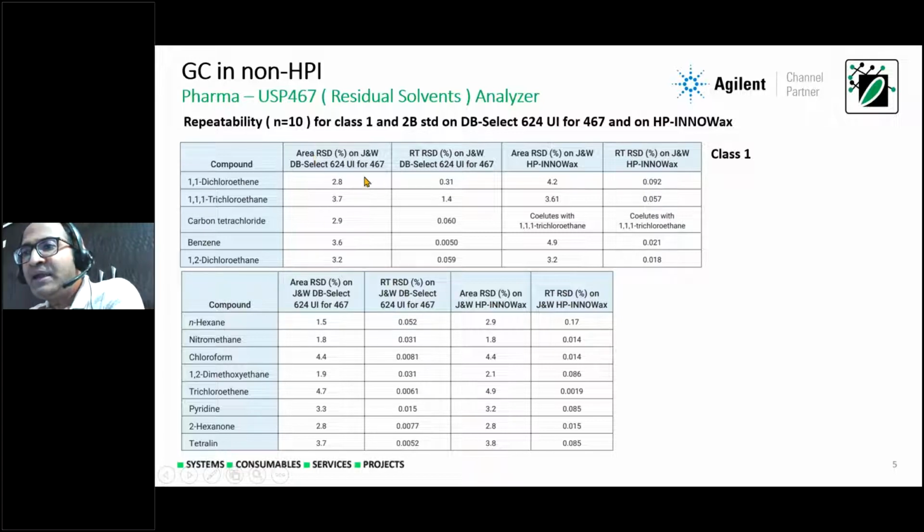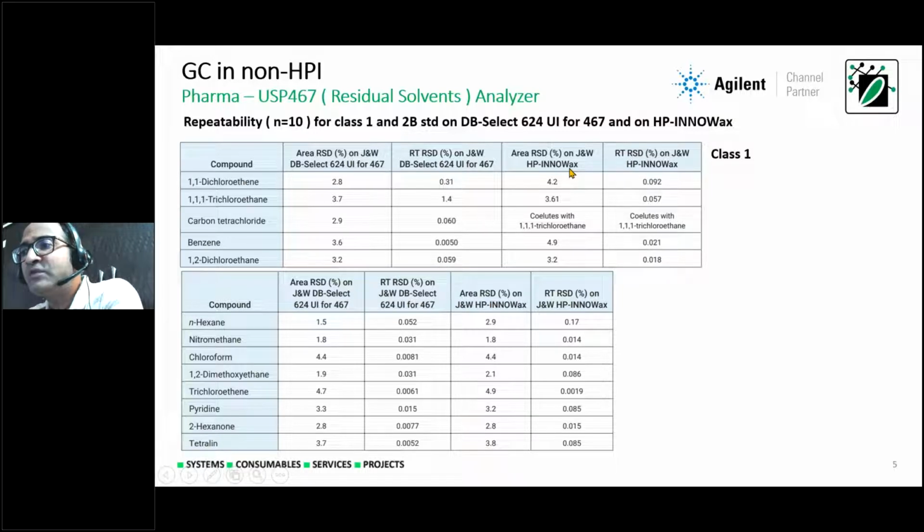If we see the area and the retention time relative standard deviation on the 624, we are very good when it comes to the area relative standard deviation. If we see the retention time relative standard deviation, we are extremely tight when it comes to the retention times.